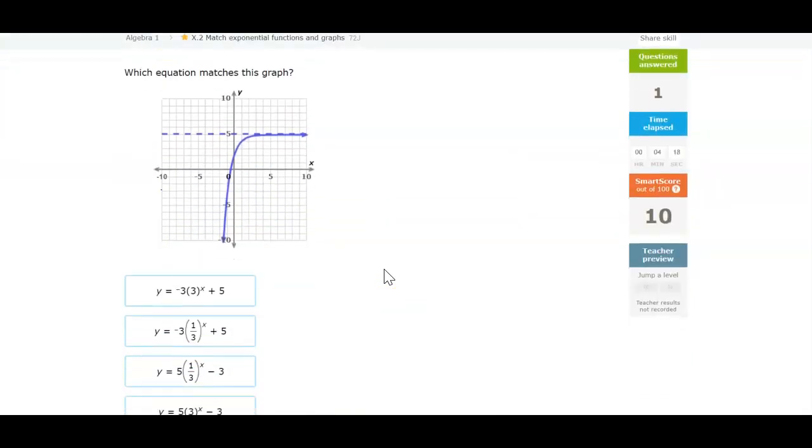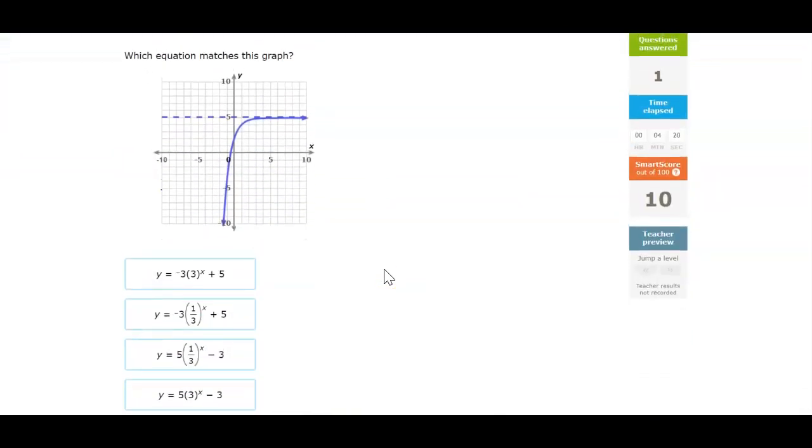Okay, so we are now looking at this graph. First thing we're going to do is look and see if the asymptote is positive 5. So I come down here and that gets rid of both of these. So we're looking at these two now. I see that it is below the dashed line, so I know it's going to start with a negative number, but both of these start with a negative.